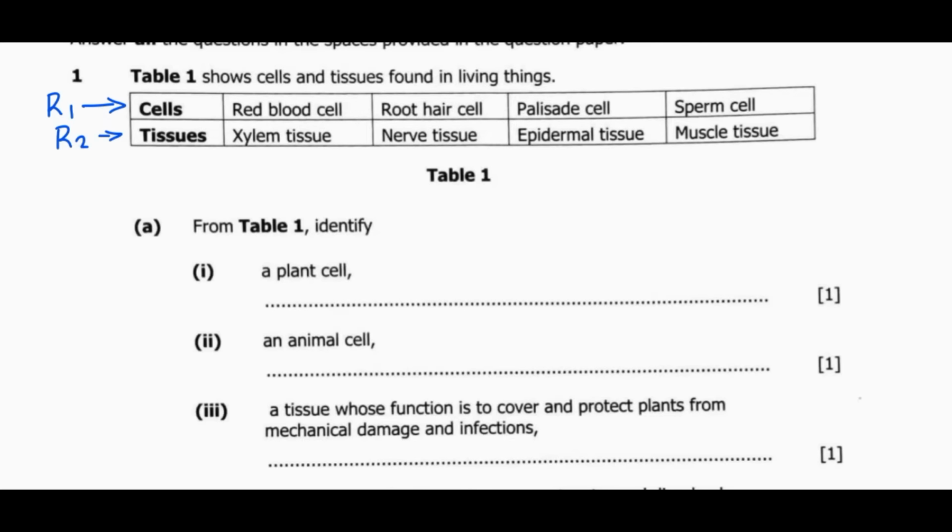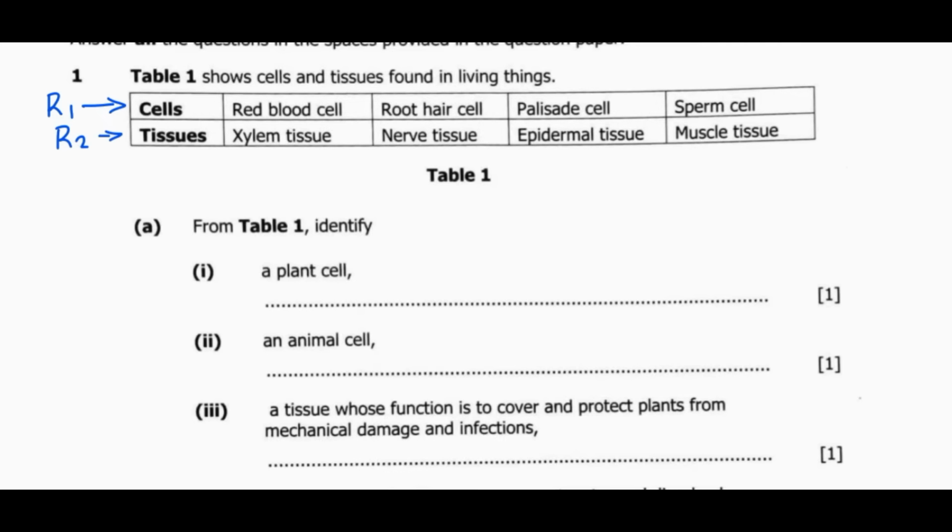So if we were to summarize some functions of these cells and tissues, for red blood cells, we have transportation of oxygen and carbon dioxide. Then if we look at the root hair cell, we have absorption of mineral salts and also water from the soil into the xylem. Then we have palisade cell.